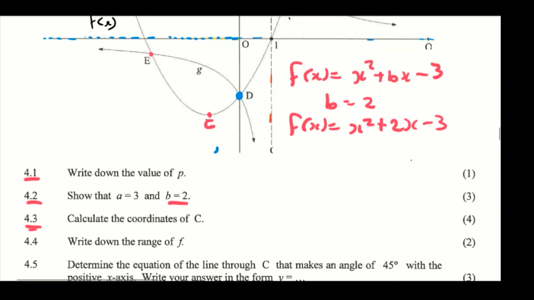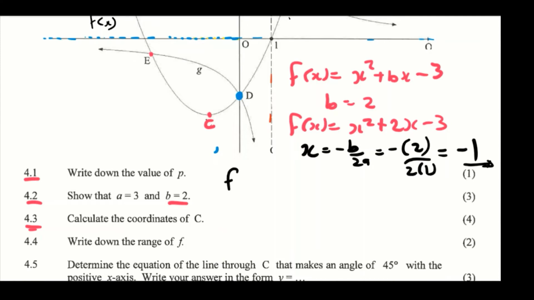Now, to find the coordinates of C, which is the turning point of f, we're going to say x equals minus b over 2a, which is equal to minus 2 over 2 into 1, equals minus 1. So this is the x value of the turning point, which is minus 1. And then to find the y value, we substitute into f of x: minus 1 squared plus 2 into minus 1 minus 3.